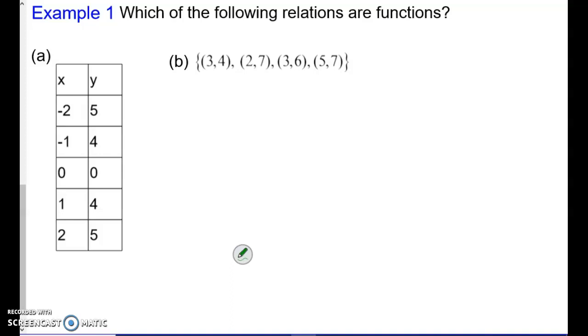So let's look at the domain here. We have -2, -1, 0, 1, and 2. And for our range, we have 5, 4, 0, 4, and 5. We're going to look at our x values because that one signifies our domain. None of the values there are repeated.